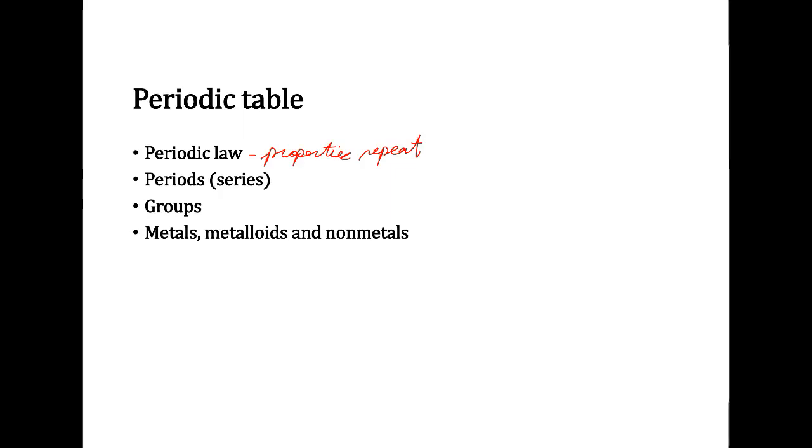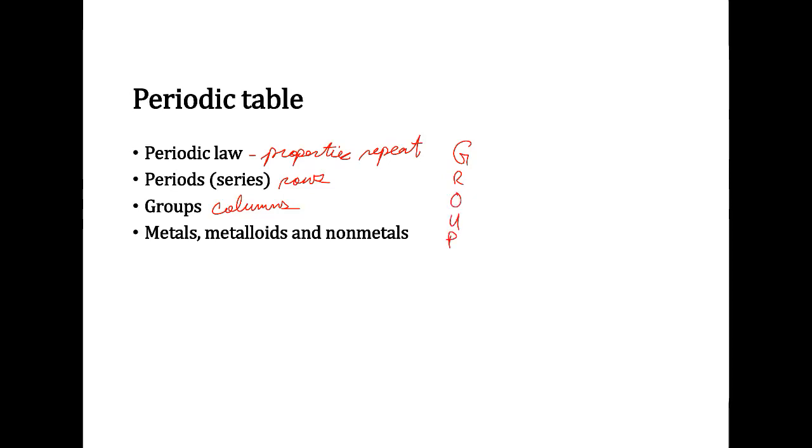So whenever we talk about the periodic table, we either talk about periods or groups. So periods are the rows, and then the groups are the columns. So I just told you that we arrange things in columns by their reactivities, or what properties they have.